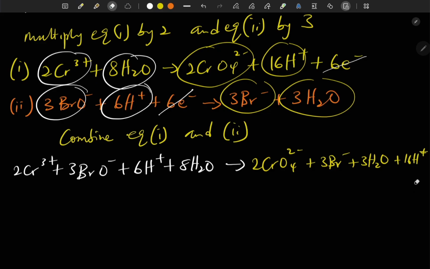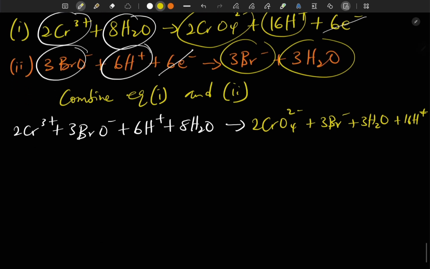Okay, so now we can cancel out some common ions at both sides of the equation. Here we have 6H+, here we have 16H+. If we subtract 6H+ from 16, that will remain 10H+ here. Also, we have 3 moles of water here, we have 8 moles of water here.